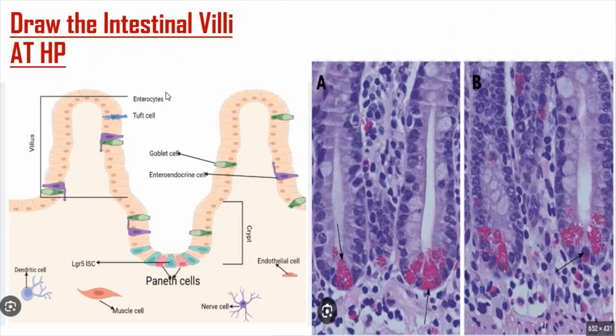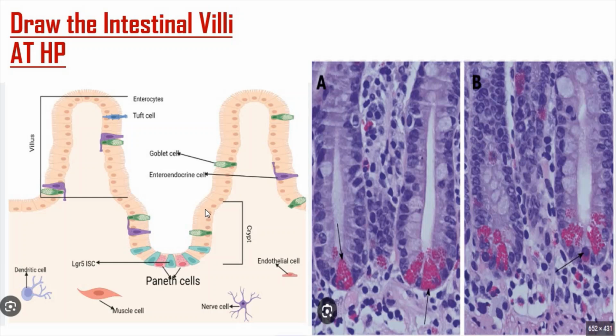Okay, so this is the same. This is an intestinal villus, and this is an intestinal villus. Between two villi, villus number 1 and villus number 2, this is what we call the crypt of Lieberkühn. The crypts of Lieberkühn are continuous with epithelial cells and they form a gland.